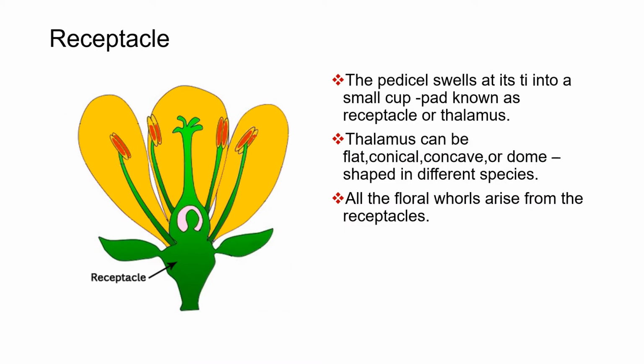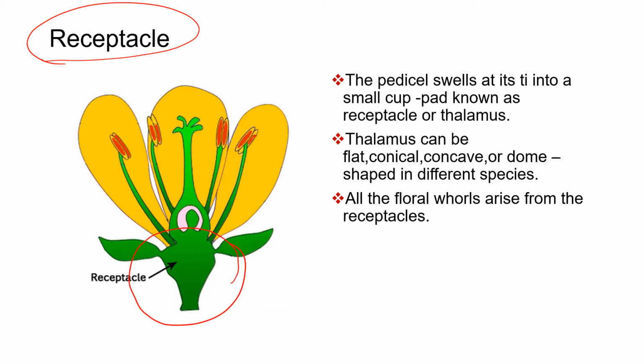Next we are going to discuss the receptacle. These are new terms you are getting to know from this lesson. First we discussed the pedicel, then the bract, and now we have come to the receptacle. So what is a receptacle? In the diagram you see the swollen part.